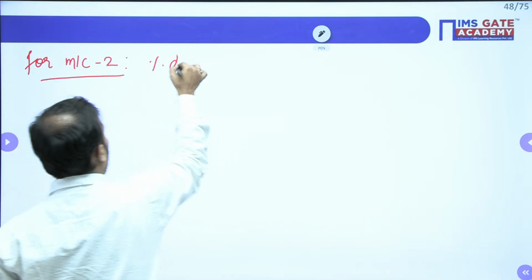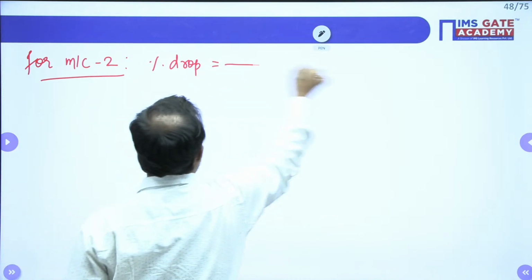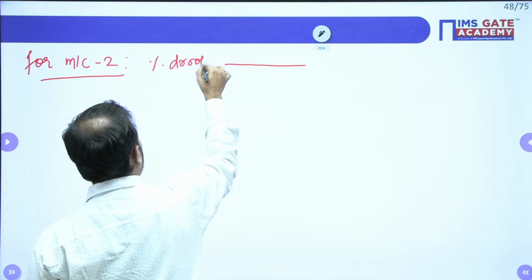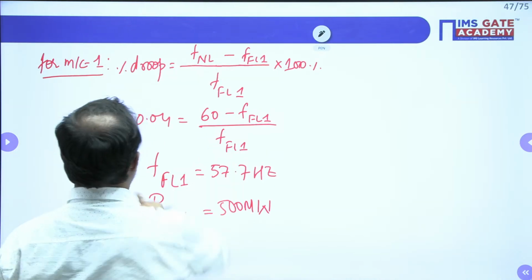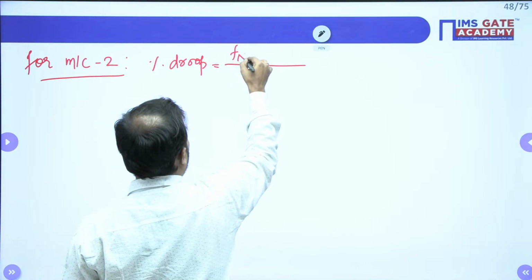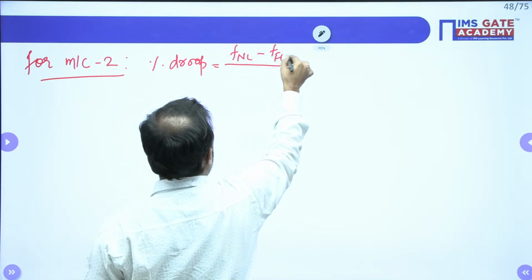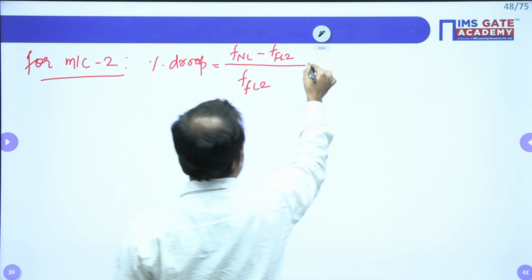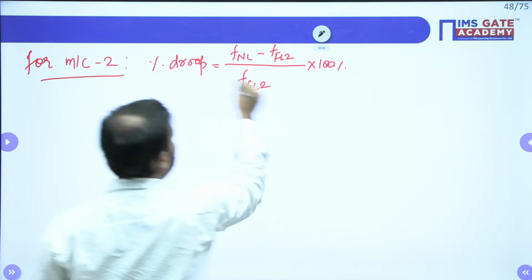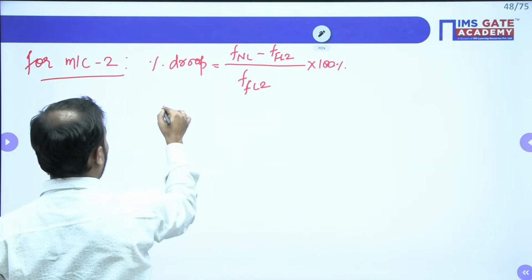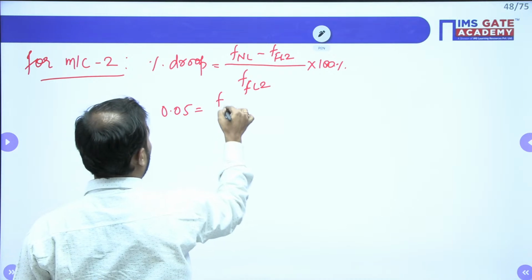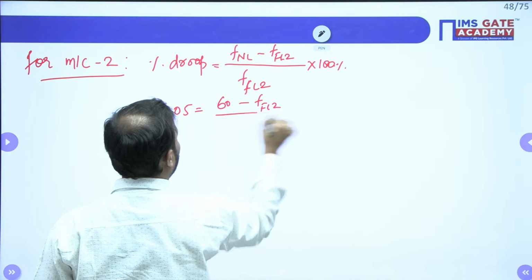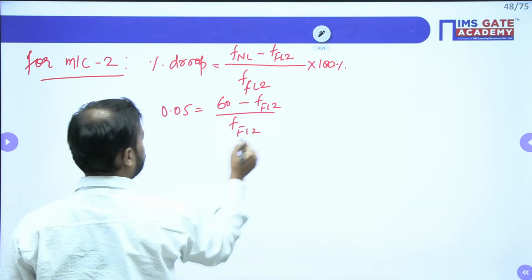Now for machine 2, this percentage droop is no load frequency minus full load frequency for machine 2, divided by full load frequency for machine 2, into 100%. This is given as 5%. So 0.05 is equal to FNL, which is 60, minus FL2, whole divided by FL2.